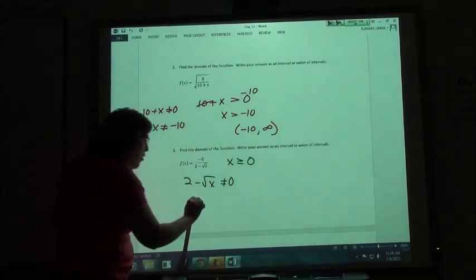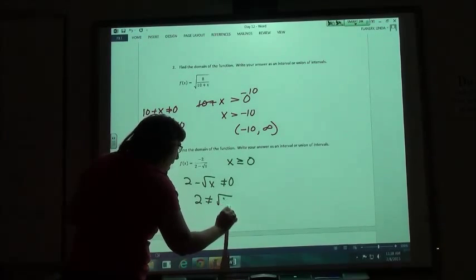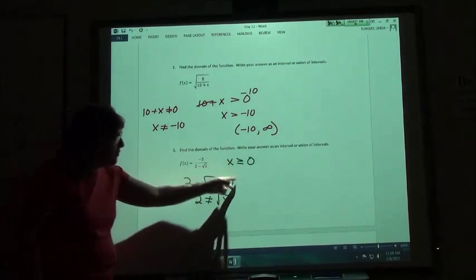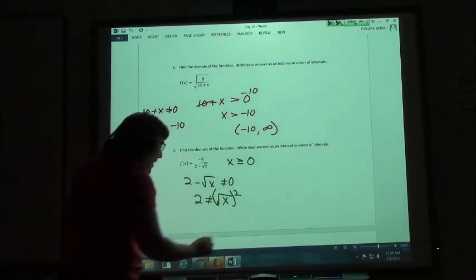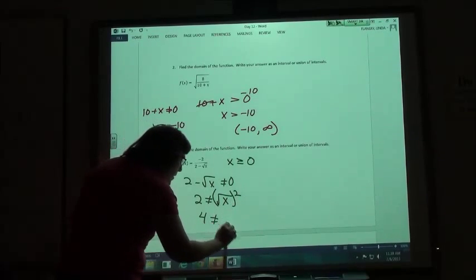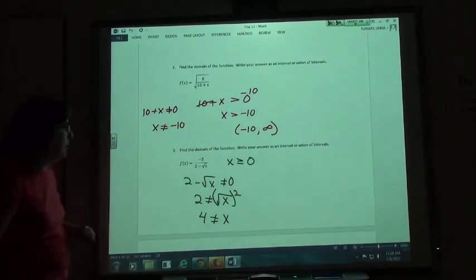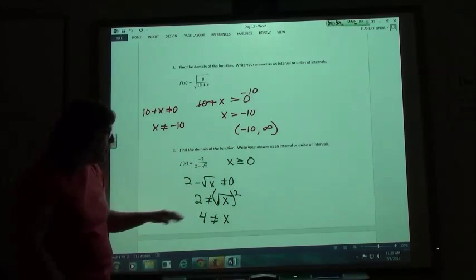So if I move that over, 2 cannot equal the square root of x. I'd have to square both sides. So 2 squared is 4. 4 cannot equal x. So x has to be greater than or equal to 0.